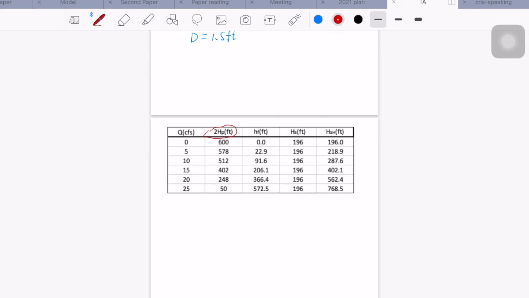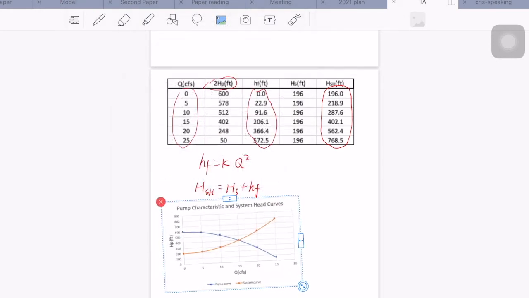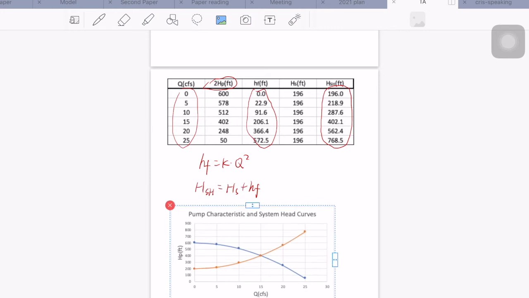And we know the discharge, and according to this equation, we can determine the friction loss in this column, and according to this equation, we can determine the system head in this column, and then we can plot the system head in a figure.